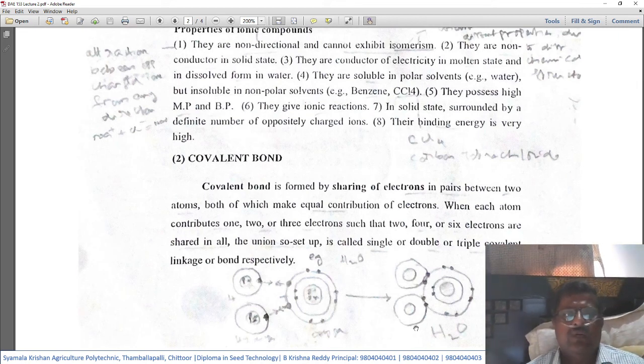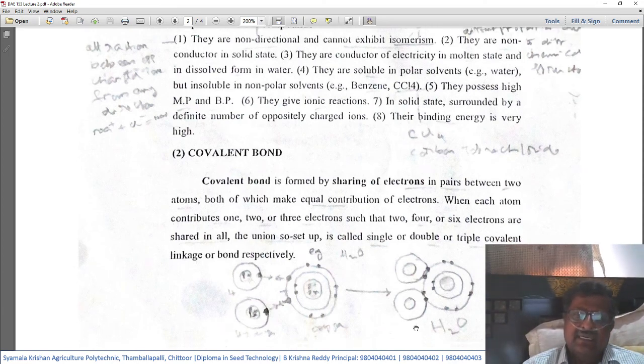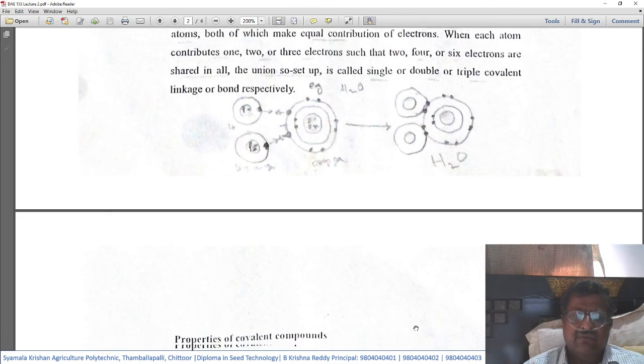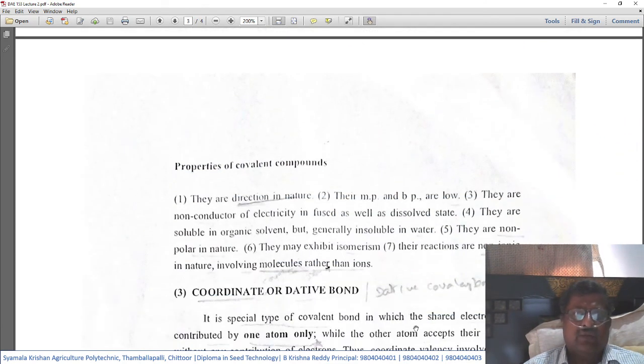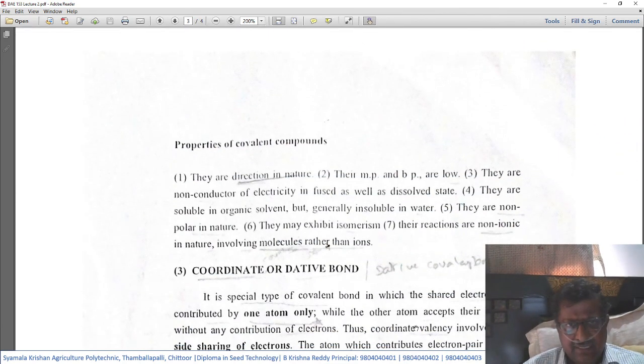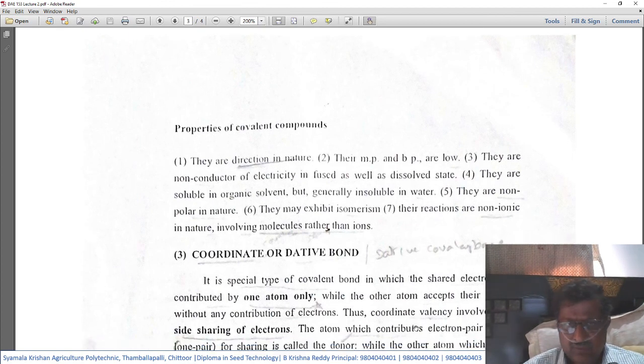This is how the covalent bond is formed. Now the covalent bond is formed between the two atoms of hydrogen and one atom of oxygen, resulting in the formation of a water molecule.